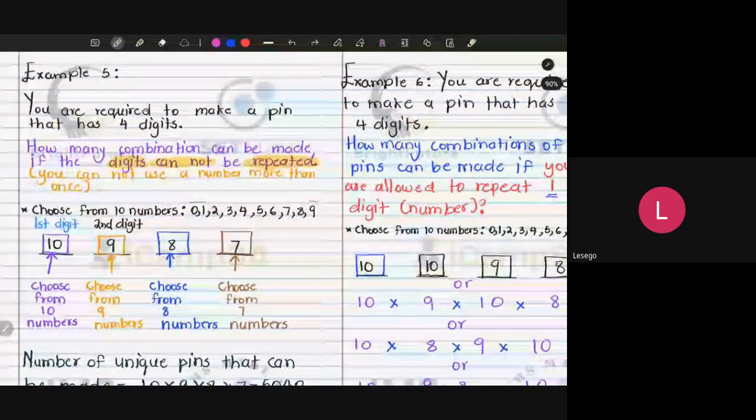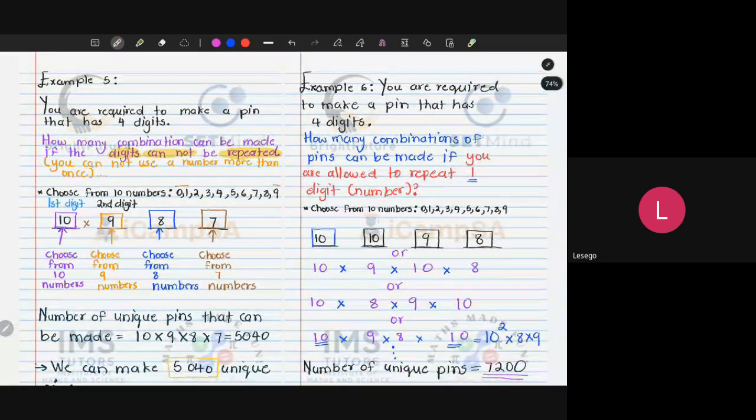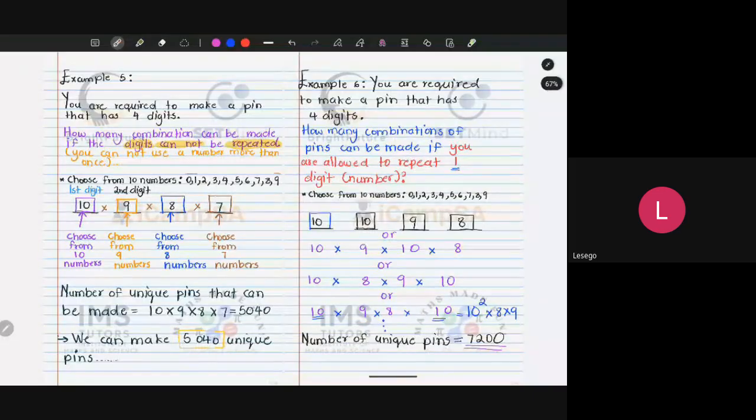And how many pins can we make if the law says we can't repeat numbers? We can make 10 times 9 times 8 times 7 combinations, which is what we get, guys. What we got was 5,040 unique pins if they say we can't repeat any number here.